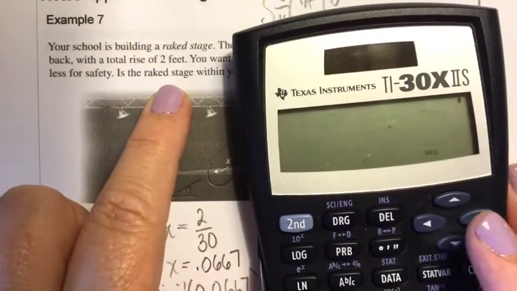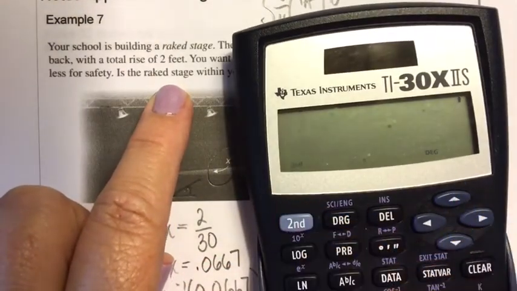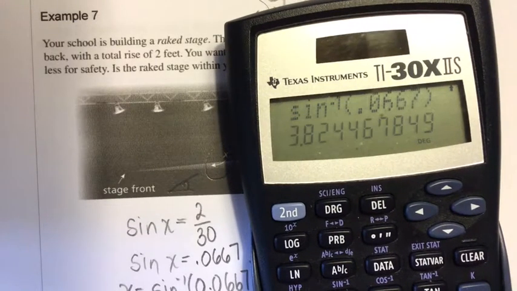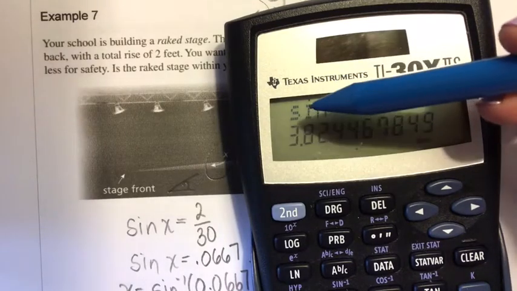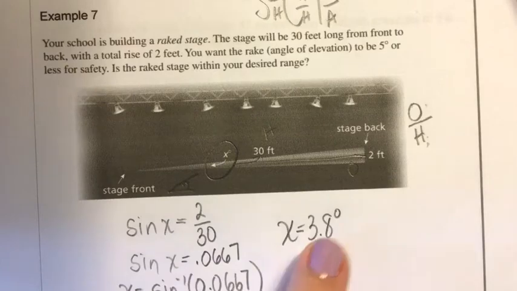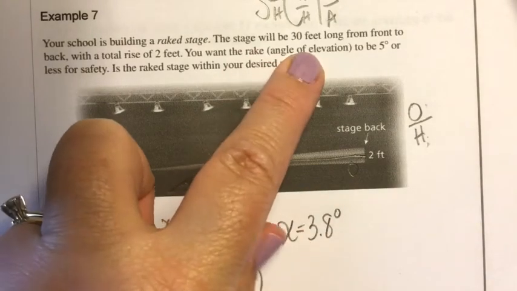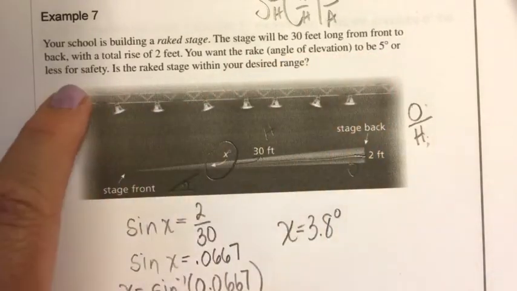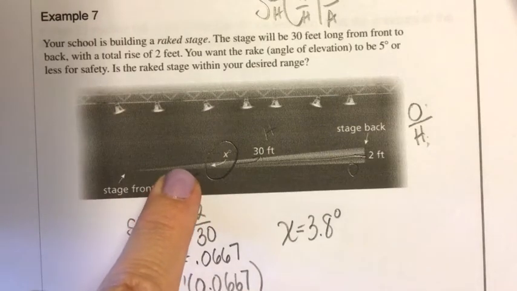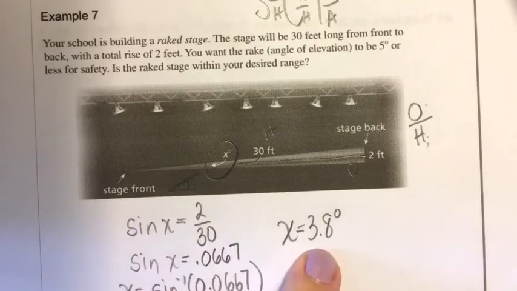So let's see if we're going to choose yes or no. Inverse sine, 0.0667, 3.8 degrees. You want the rake, or the angle of elevation, to be 5 degrees or less for safety. Is this raked stage within the range that is needed? Yes.